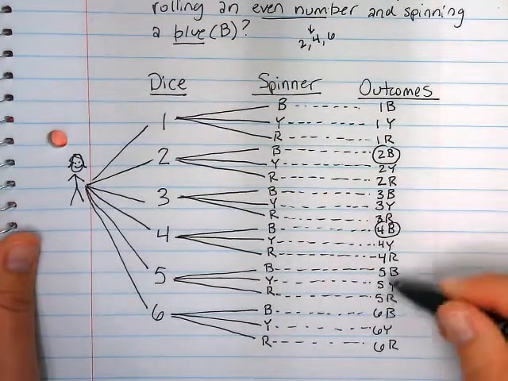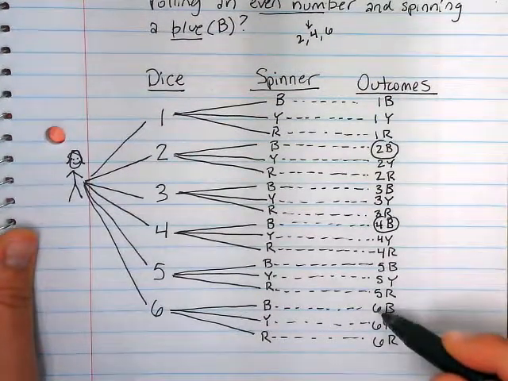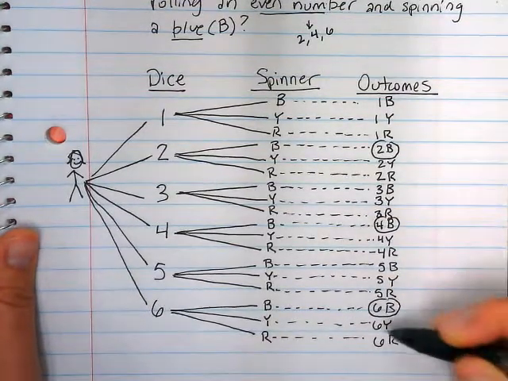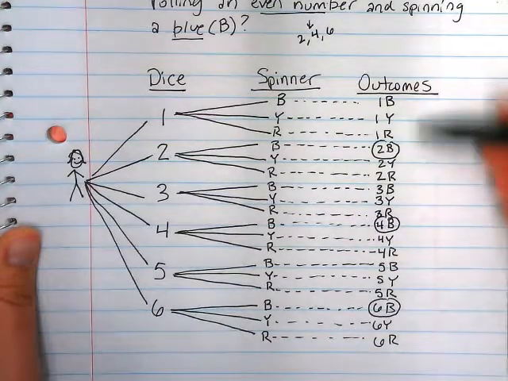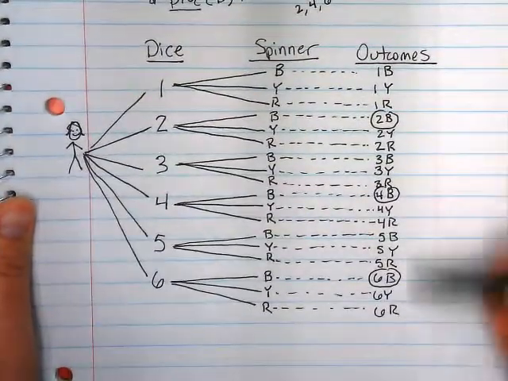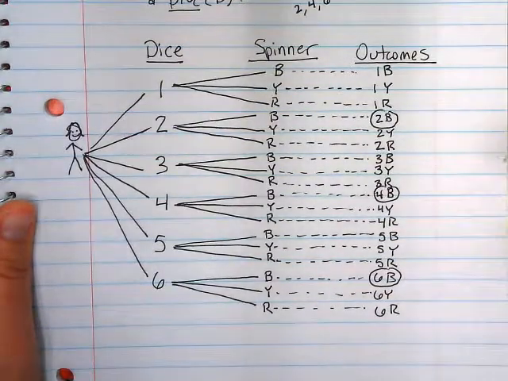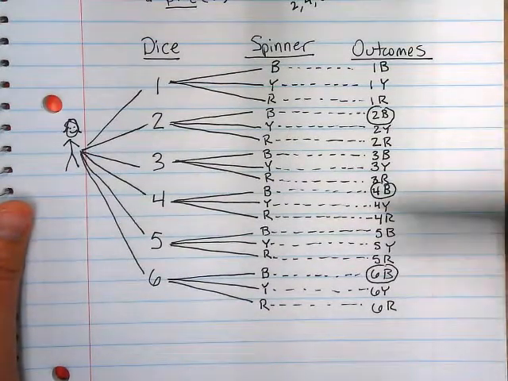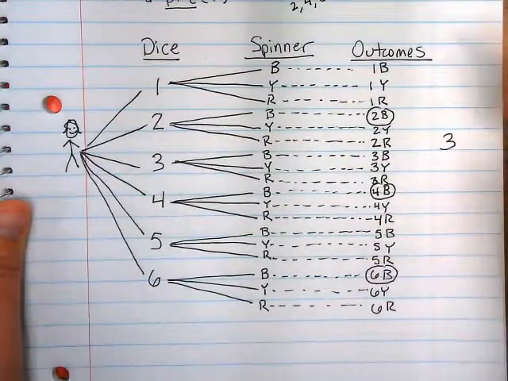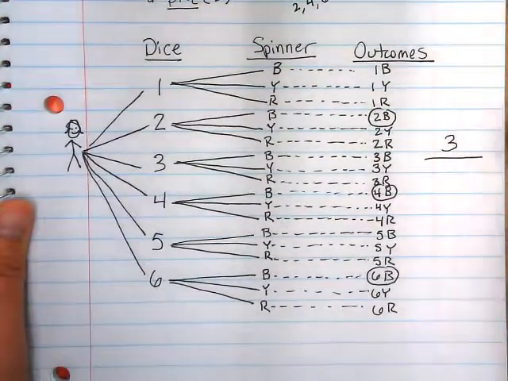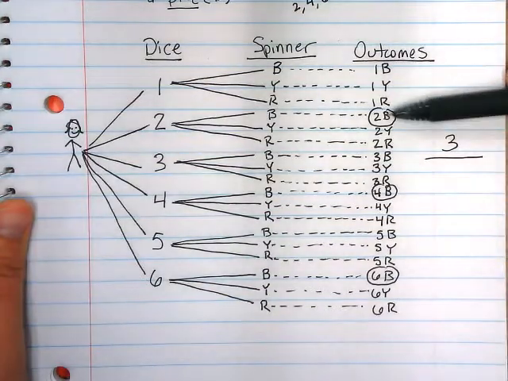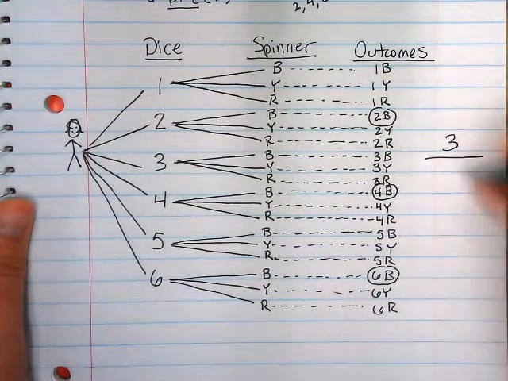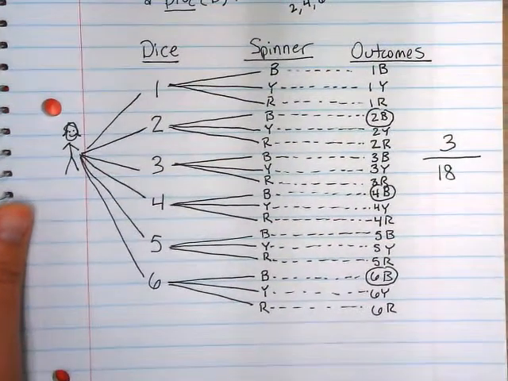These 3 right here are 5s. That is not an even number. Then we've got 6 and blue, which is an even number and a blue. 6 yellow, 6 red. And I double check here to see if there are any other evens and blues. I don't think so. So when I'm coming up with my probability, there are 3 outcomes that match what it asked me, 3 of them over, let's see, 1, 2, 3, up to 18. 3 out of 18 chance.